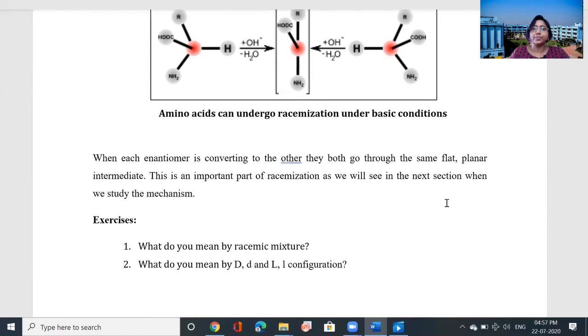So in total, what you have learned in stereochemistry: what the stereoisomers are, different types of stereoisomers, the optical isomers like the enantiomers, diastereomers, and the geometrical isomers, the cis and trans isomers.